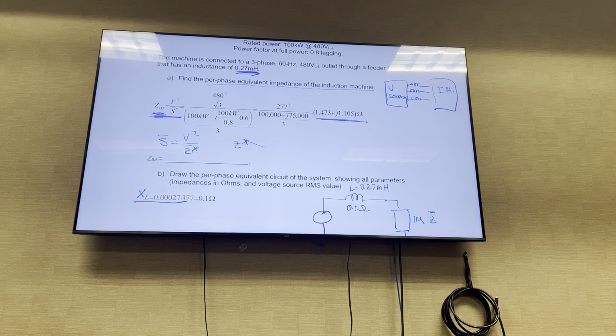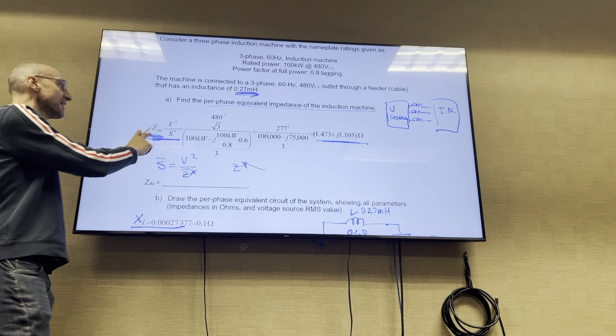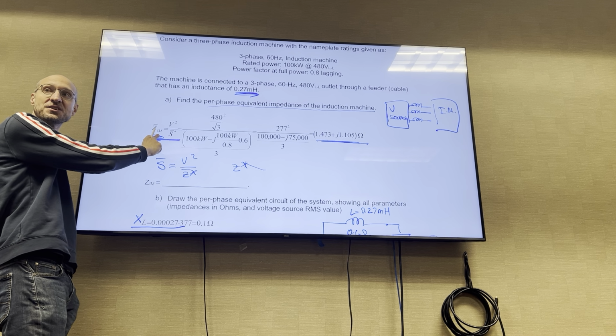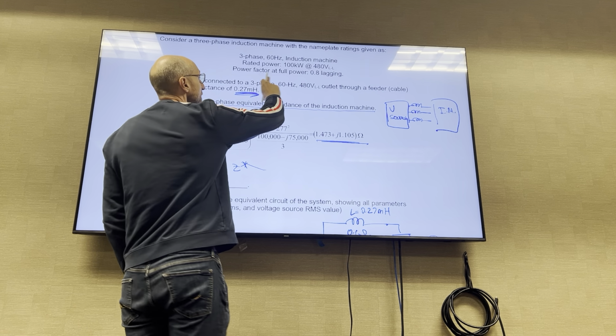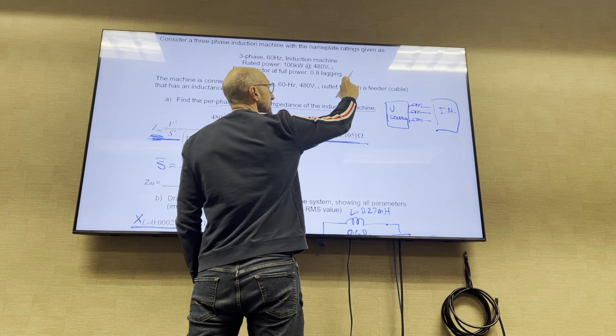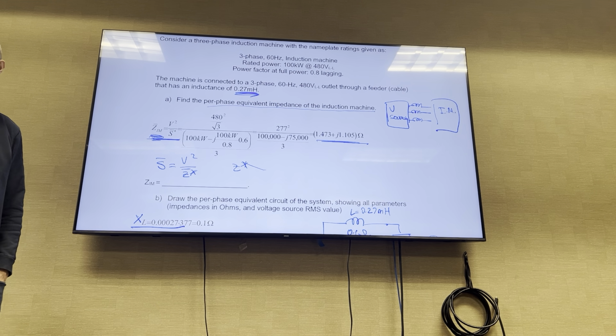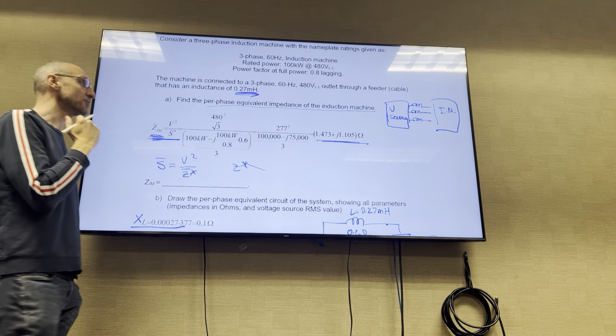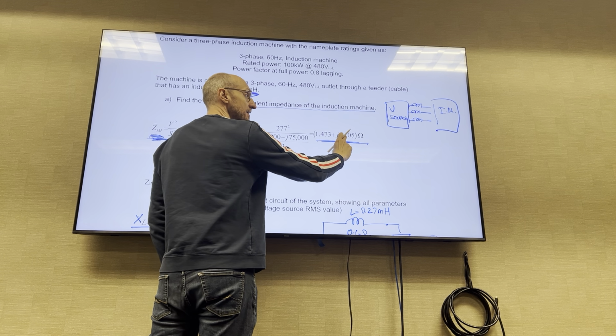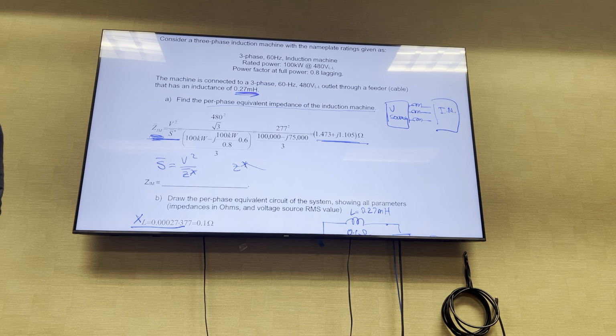Or, and then very important point, if you get all bogged up with these signs, you know you're finding the impedance of the induction machine. You're given the power factor of the induction machine. So I should know that this should be positive because I should end up with an inductor at the end of the day, not with a capacitor.